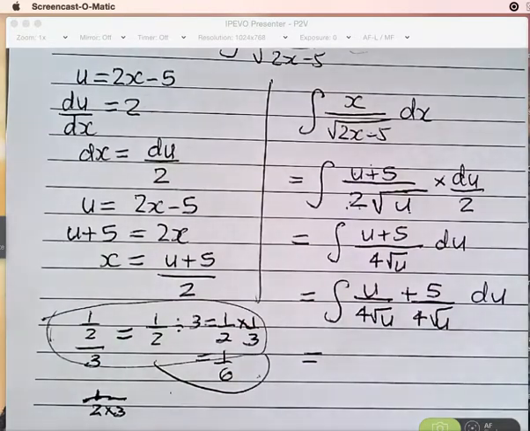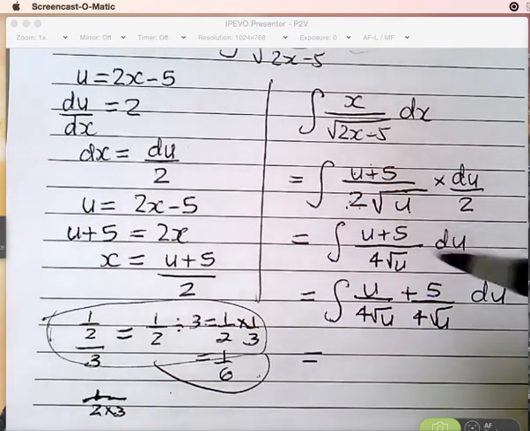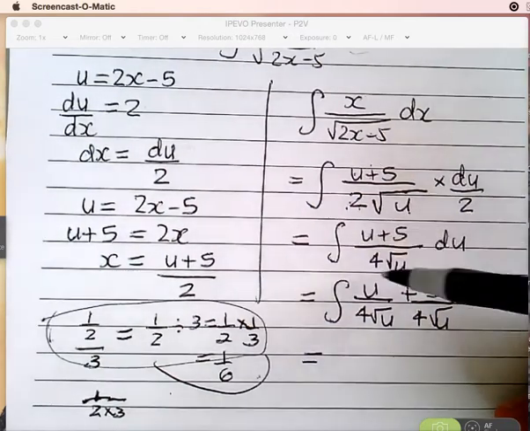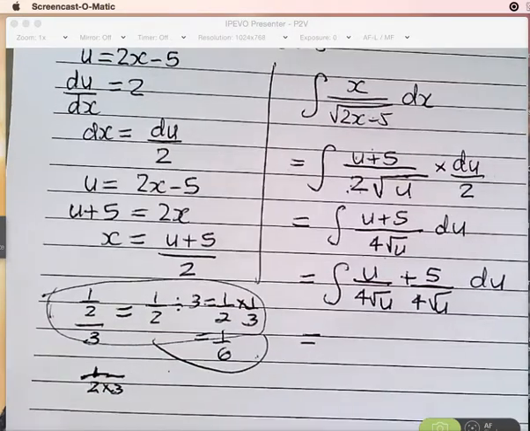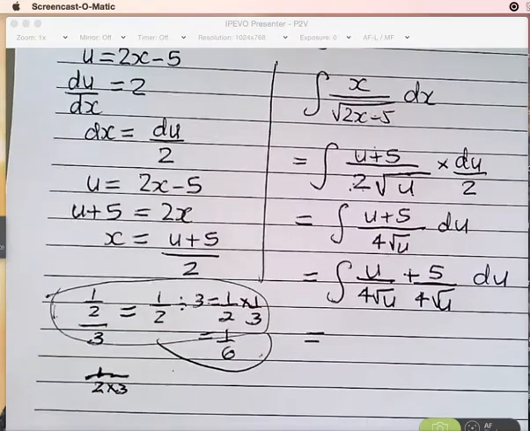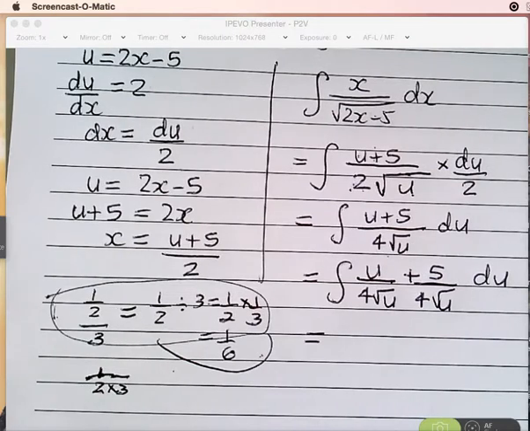Yes, you can, but to make sure, they're both over 4 root u. Let's play the safe way. You can take out the quarter, but then you've got to bring it back in later, so I'd just leave it there.